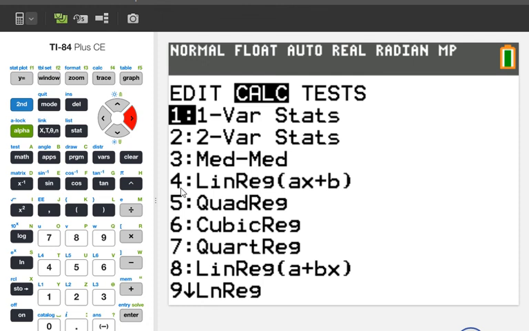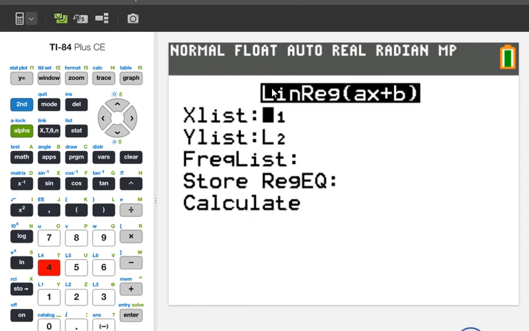So you could hit number 4, or you could arrow down. And now we're going to do a linear regression given in AX plus B form, or slope-intercept form, MX plus B. We're going to use list 1 for our independent variable, list 2 for our dependent variable, and so we just need to arrow down and hit the word calculate and hit enter.